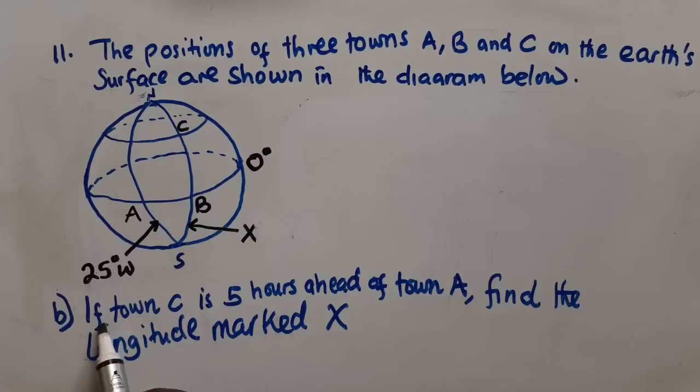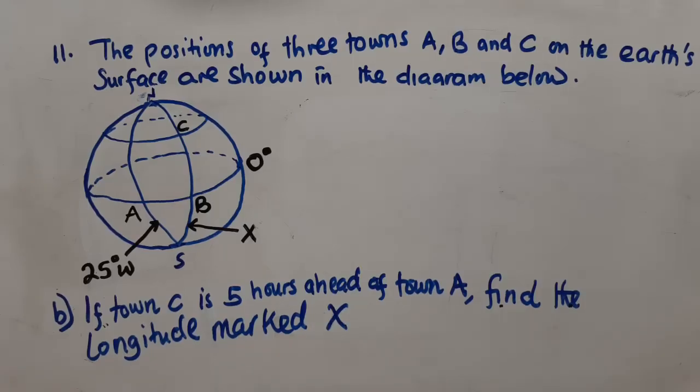If town C is 5 hours ahead of town A, find the longitude marked X. Alright? Find the longitude marked X.